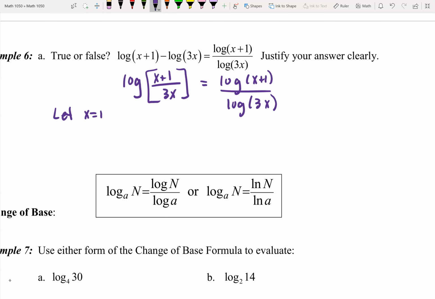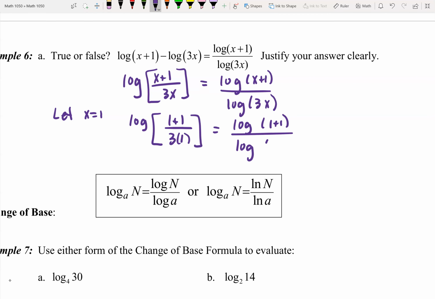I can't do 0. It would be nice to do 0, so I'm going to do the next easiest, which is a 1. So that's going to be the log of (1 plus 1 over 3 times 1) equal to the log of (1 plus 1) over the log of (3 times 1). Now grab your calculator and let's see if you know how to do it.